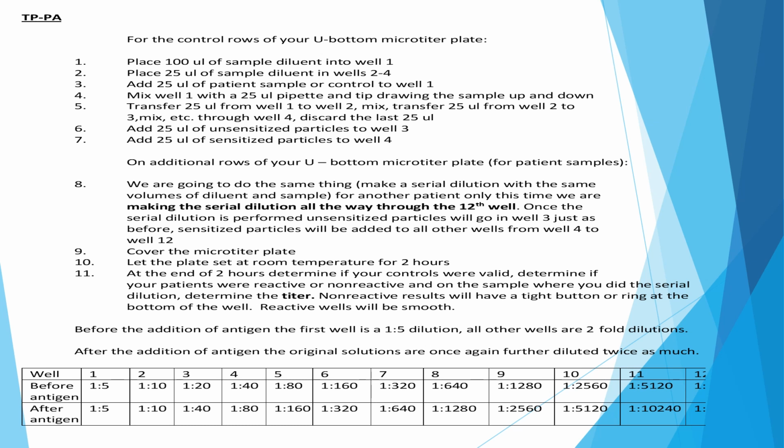In the TPPA, we're essentially making serial dilutions of our patient's serum and testing that serum against either sensitized gelatin particles or non-sensitized particles. If our patient's serum reacts with the sensitized particles, you're going to see a flat mat in the dilution well. A flat mat or anything up into a big donut indicates a positive well. A nice tight button equals a negative well.